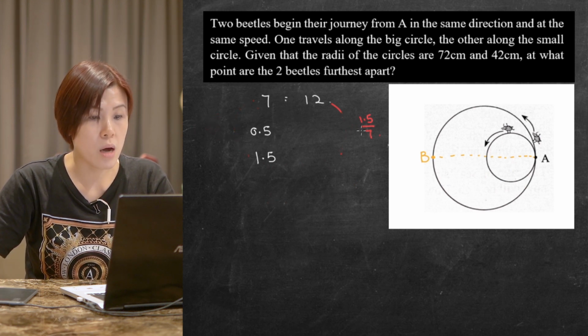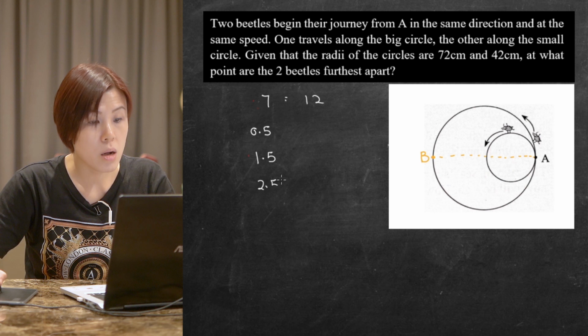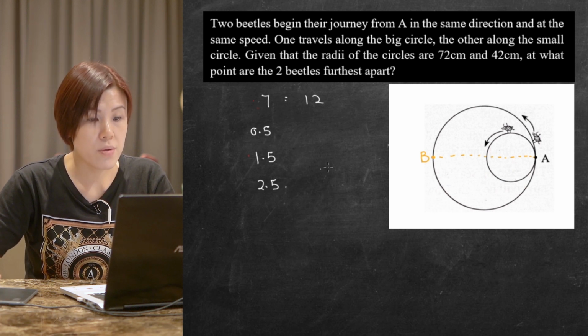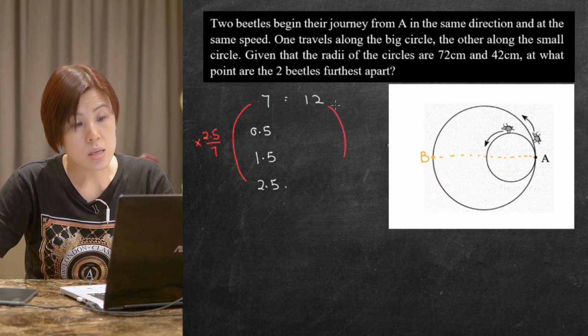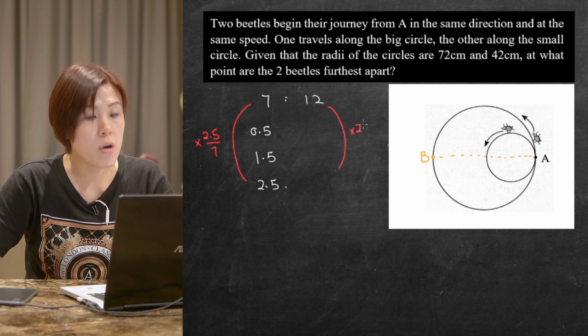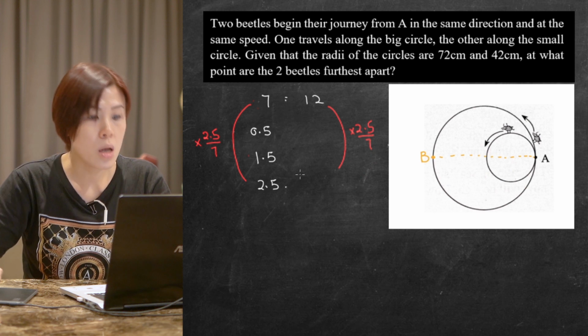So 1.5 round is not the nearest solution. Then next, we try 2.5. We will need to multiply by 2.5 over 7, so the other side also multiplies by 2.5 over 7. Also, it doesn't give us a complete round.